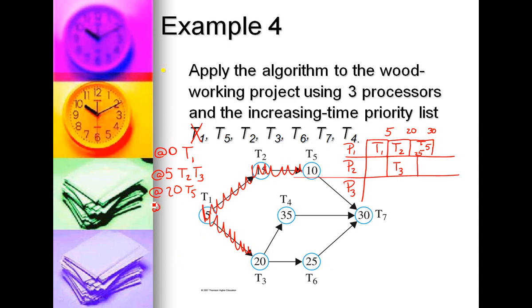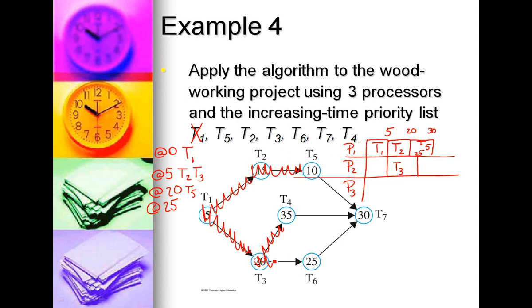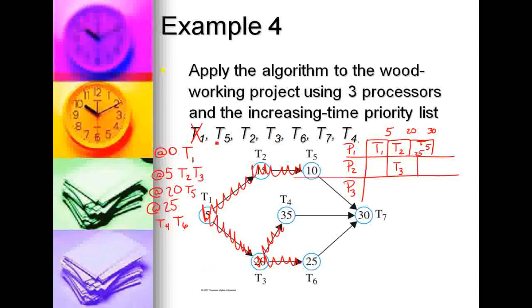Now we have a 25-minute time slot. At the 25-minute time slot, T1, T2, and T3 have been completed. That gives us 2 new ready tasks, which are T4 and T6. When you have a choice, you always go to your priority list. So back to the priority list, T4 and T6.